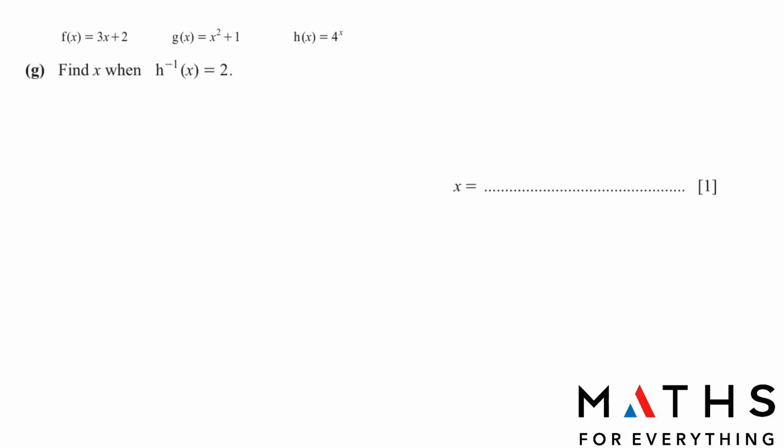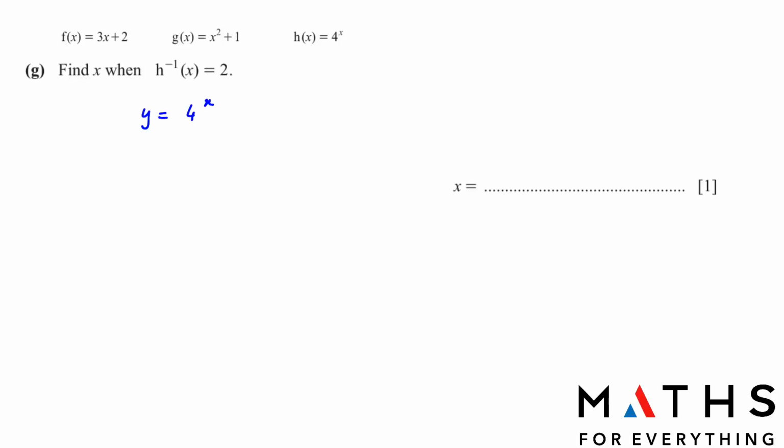Part G, find x when h inverse x is equal to 2. It's only a 1-mark question. So instead of learning how to find the inverse, because the actual working is quite long, we know that we replace the x with y in the inverse, right? So h inverse x is equal to 2. Let's first write it as y is equal to 4 to the power of x.